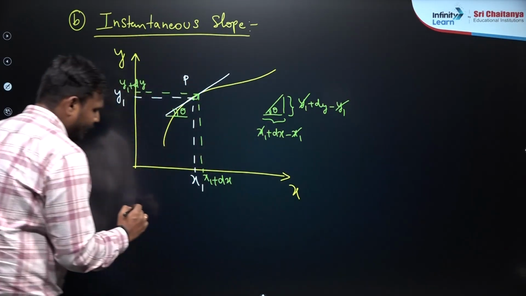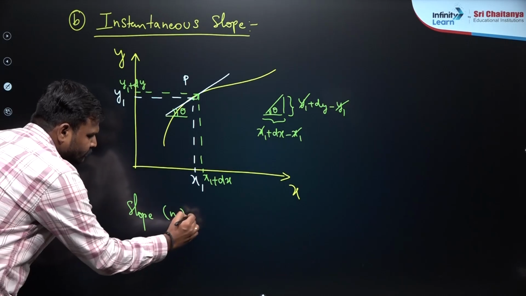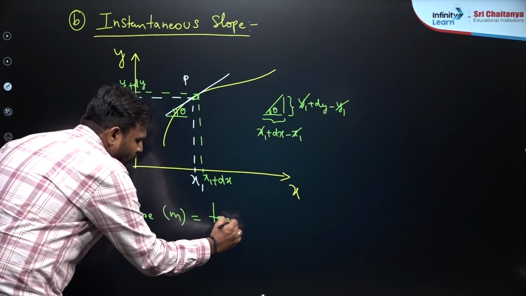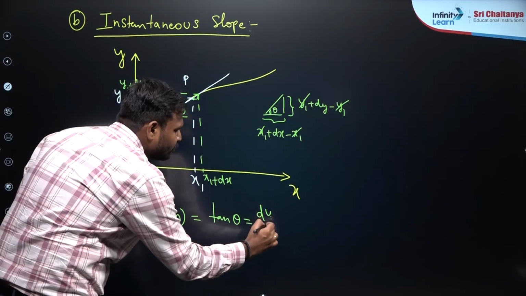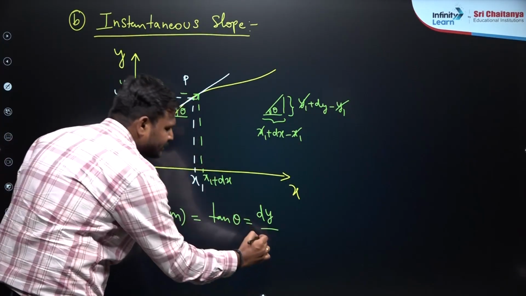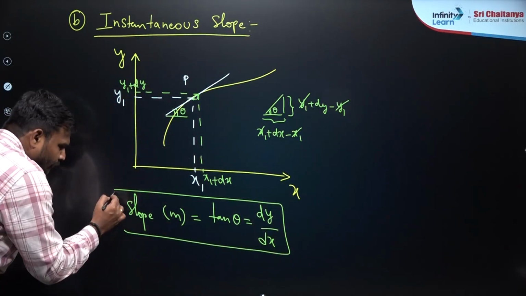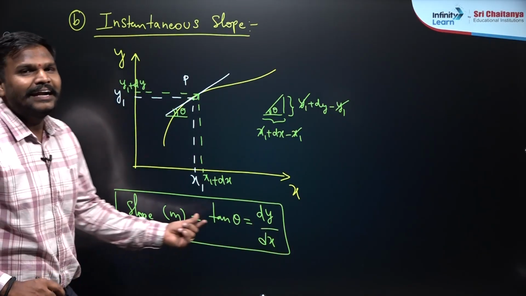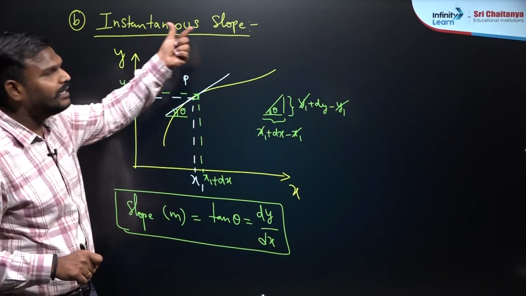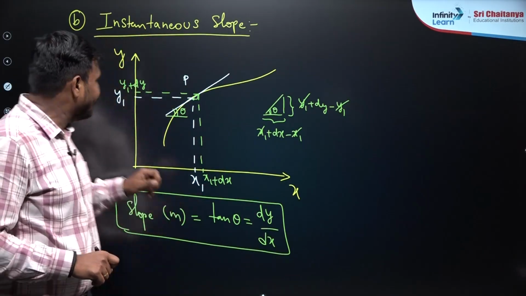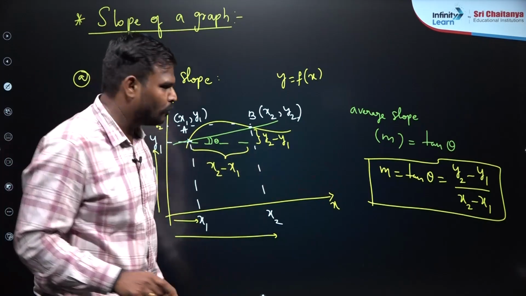So if I write the slope at point P, it will be change in y, that is dy, upon change in x, that is dx, which is nothing but the derivative of y with respect to x. That gives me the instantaneous slope, and change in y by change in x gives me the average slope.